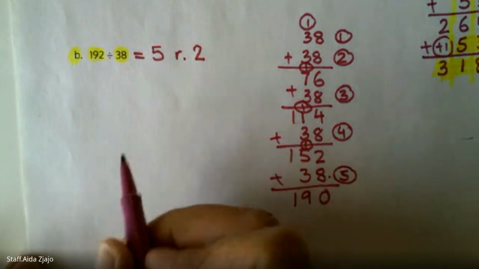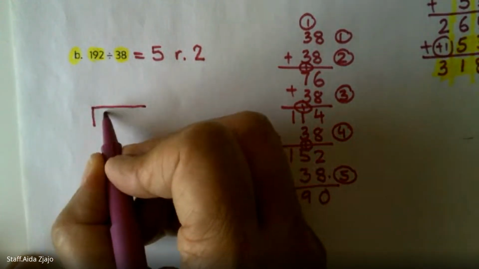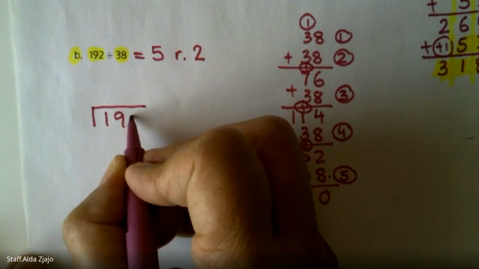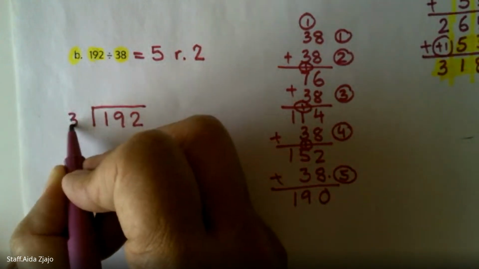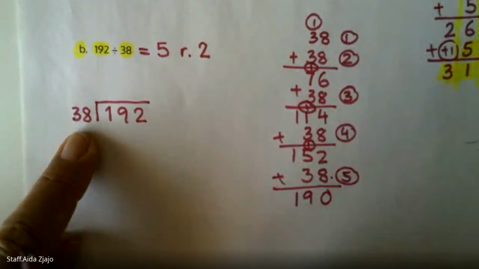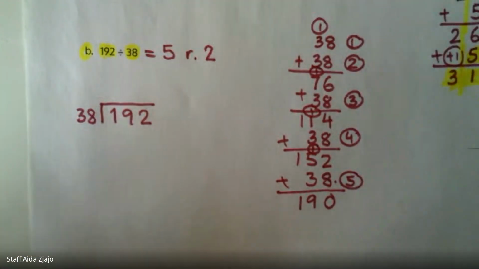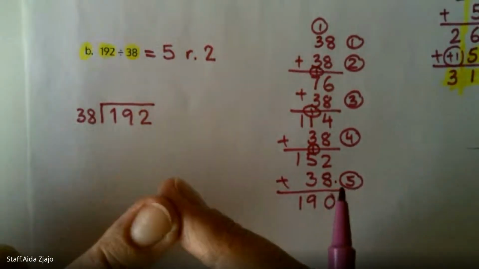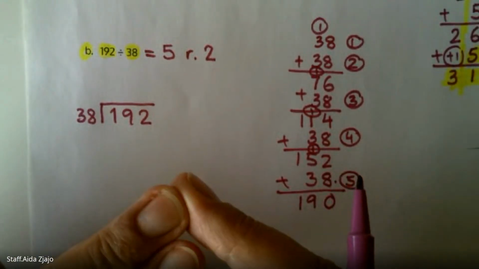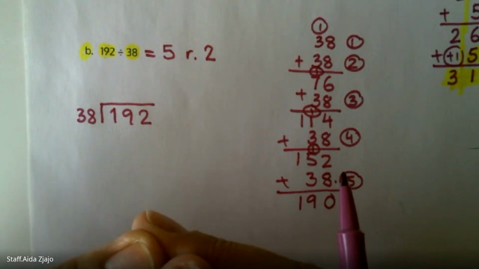So let's now see how we can do it if we needed to practice the standard algorithm. 192 divided into groups of 38. In this case, I can round 38 to 40, and then I can count 40, and 40 is 80, and 40, 120, and 40, 160.